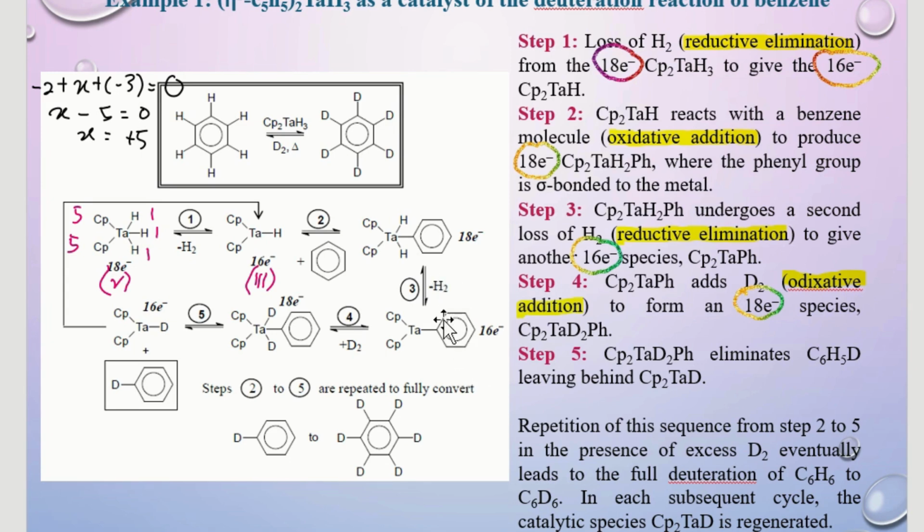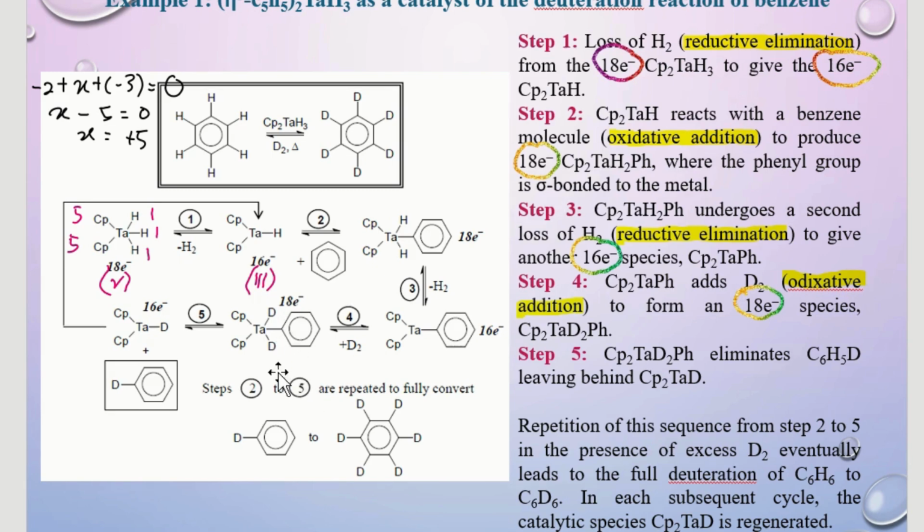Okay, for the third step, and for the fourth step they add D2, which is oxidative addition to form an 18 electron species. This is step number 4, to produce compound number 5.